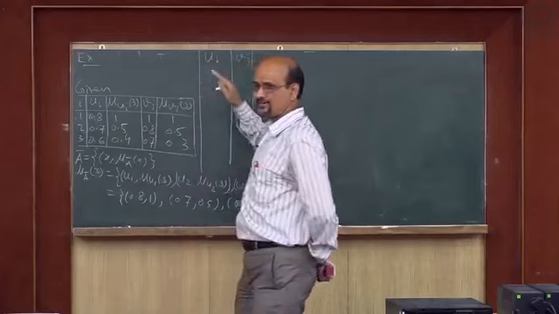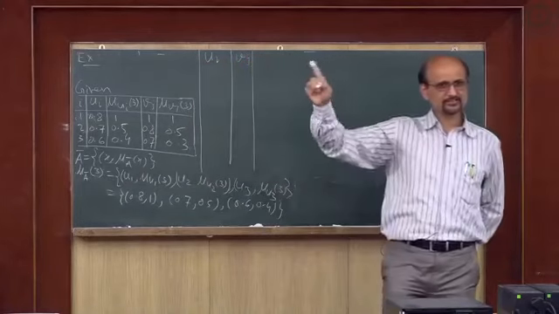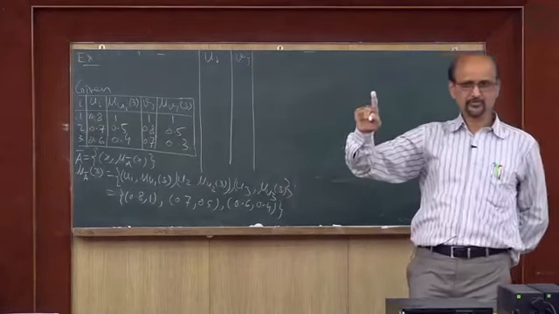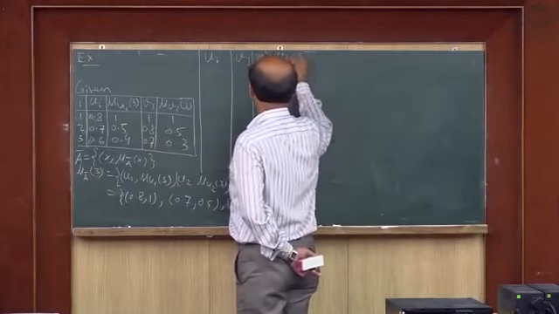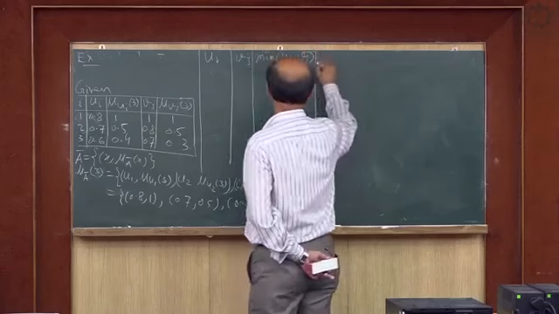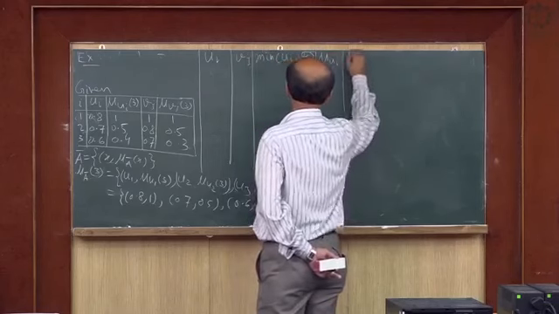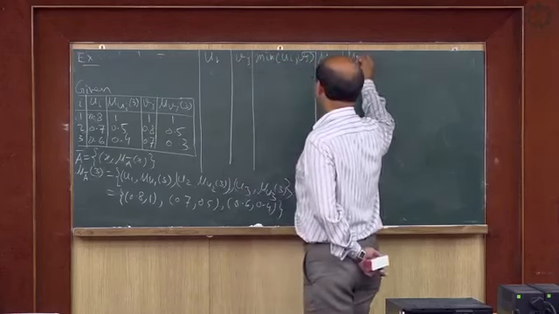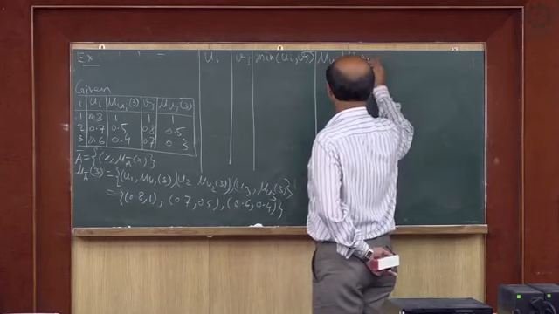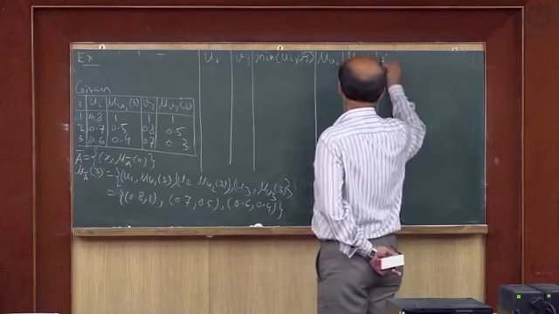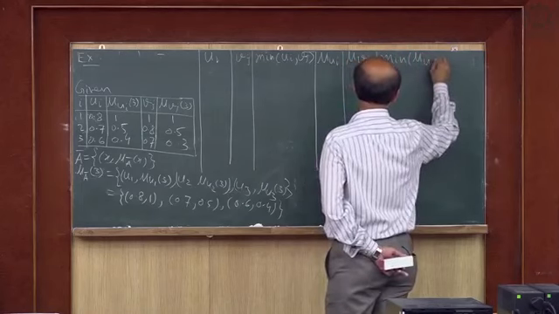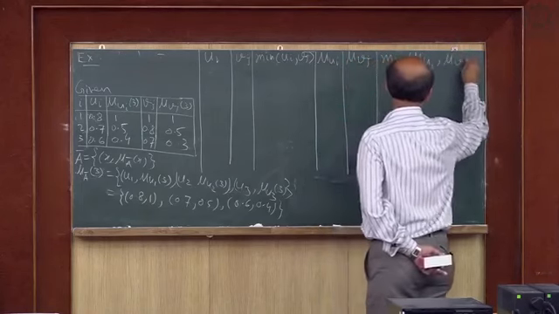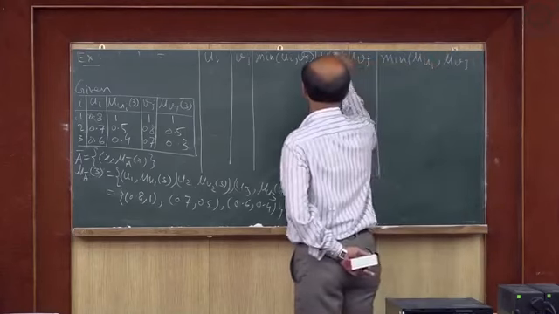Remember, I want to find the intersection, so in both places it is minimum. Minimum of ui, vj, and minimum of mu ui, mu vj. These are actually at 3.